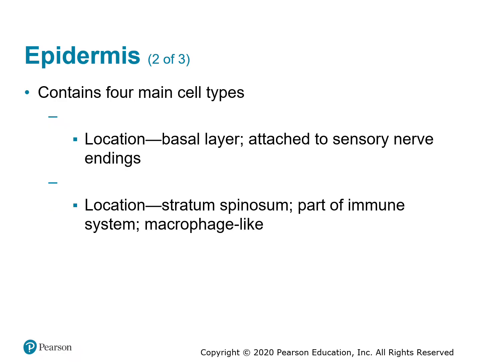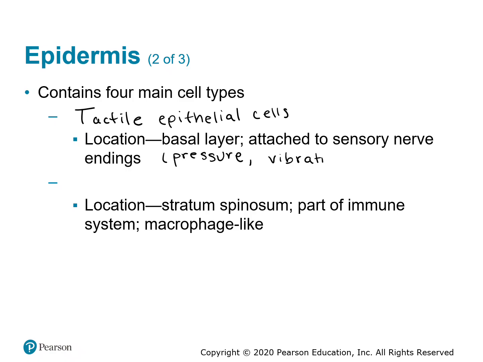Another type of cell that you will find in the epidermis are the tactile epithelial cells. These tactile epithelial cells attach to nerve endings, and they help you register things like pressure, vibration, things like that. And the last cell type that we would find in the epidermis are the dendritic cells.